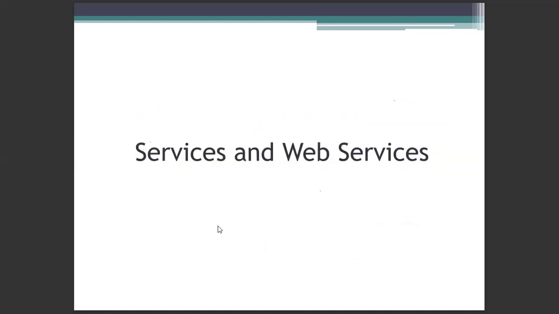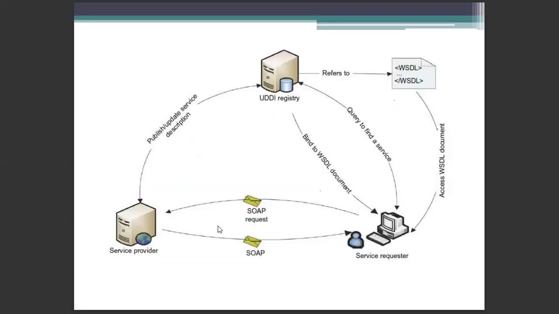To process it, we need to specify one protocol, which is SOAP here. So what is SOAP? Service Oriented Architecture Protocol. First, the service being requested has to be registered under the UDDI. What you need to specify here is that the data you are searching for has to be specified there.